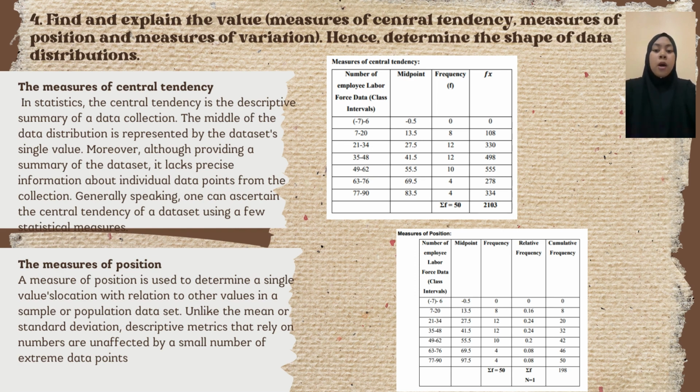The measure of position. A measure of position is used to determine a single value's location in relation to other values in a sample or population data set. Unlike the mean or standard deviation, these descriptive metrics rely on rank and are unaffected by a small number of extreme data points.